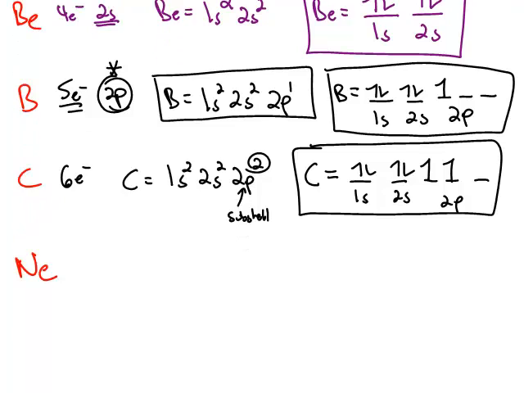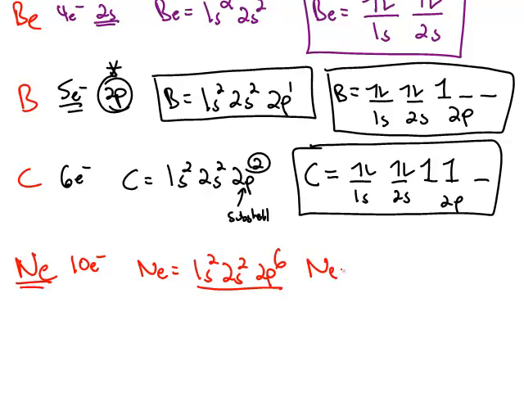If you keep going all the way to the end of that 2p subshell, you'll hit neon. Neon has a total of 10 electrons. The 1s is full, the 2s is full, and the 2p subshell is also full. It has 6 electrons in there. The orbital diagram: 1s is full, 2s is full, 2p.